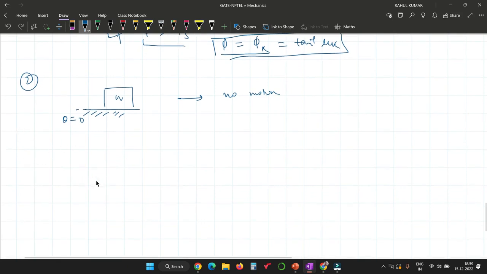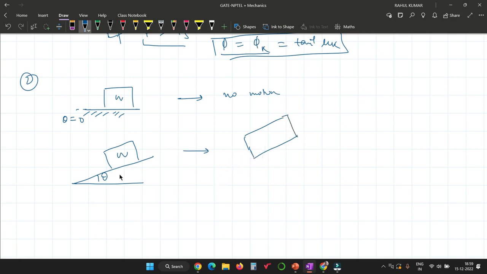But when you increase the angle, suppose this angle is theta, then what will happen? Body slides down. No, you cannot say directly. It depends on the friction force, the amount of friction.